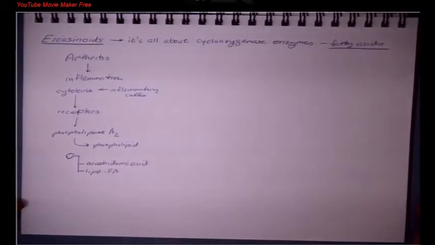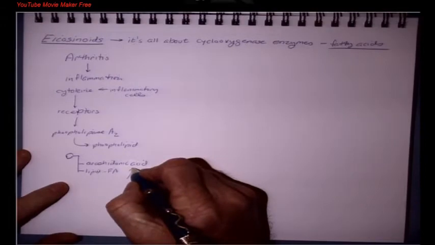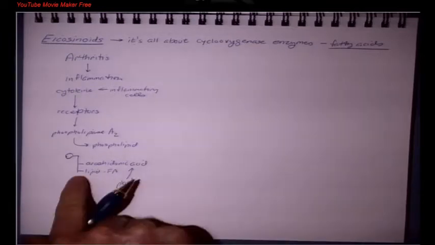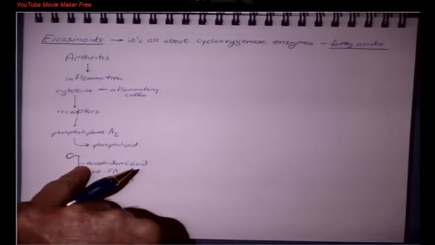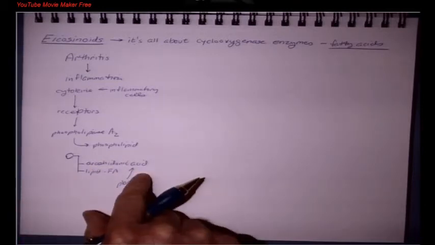Now, arachidonic acid is a very, very long chain fatty acid. We cannot synthesize arachidonic acid. So this is coming from our diet, and it's from a plant source. Okay? The arachidonic acid, once it's transported inside the cell, is conjugated as an acyl linkage to phospholipids and stored in the plasma membrane.